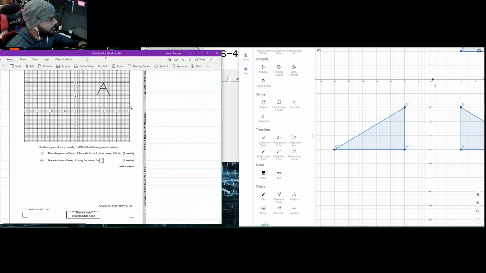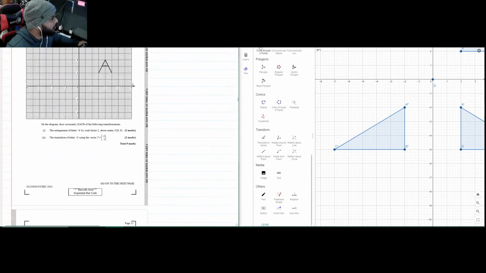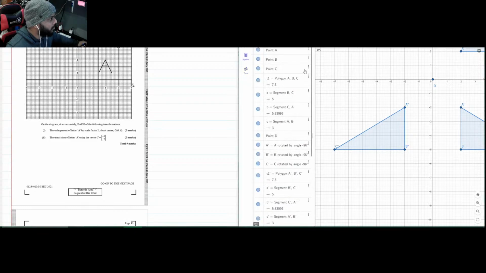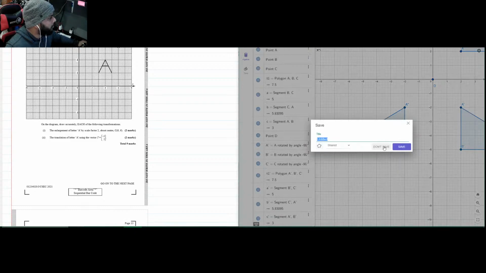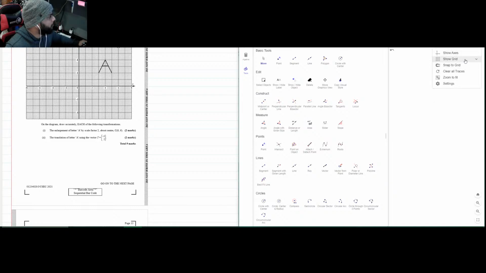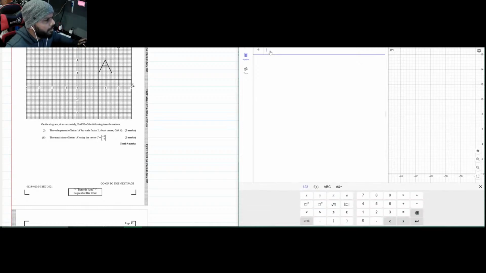So draw this in GeoGebra. Just give me 2 seconds. Let me see how best I can draw this in GeoGebra. Clear all, don't save. Show grid, show axis, good. So let me say that is 3, 2.